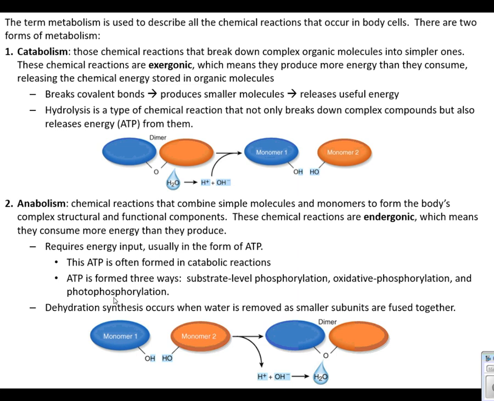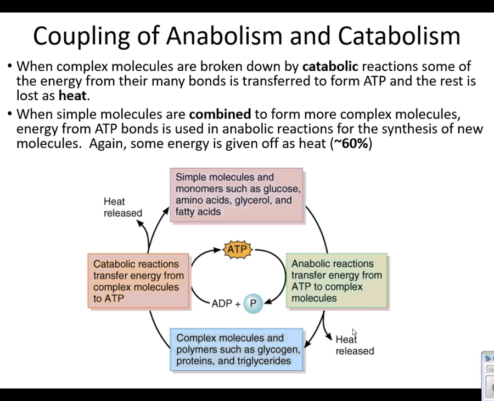And this is going to involve dehydration synthesis, just shown down here at the bottom, which is the opposite of hydrolysis, where we remove water to go from A plus B to AB, as we learned earlier in the semester. We just mentioned that anabolic reactions require energy, and a lot of that energy is a direct result of catabolic reactions.